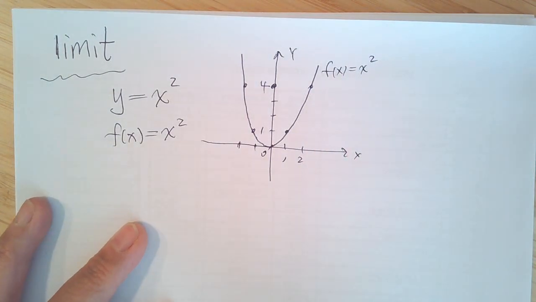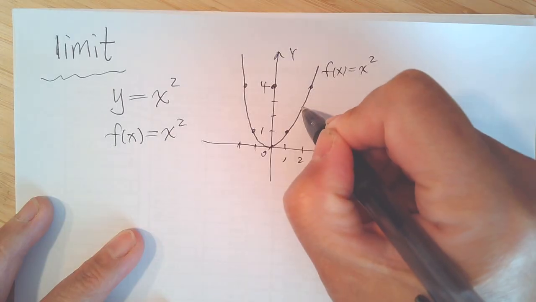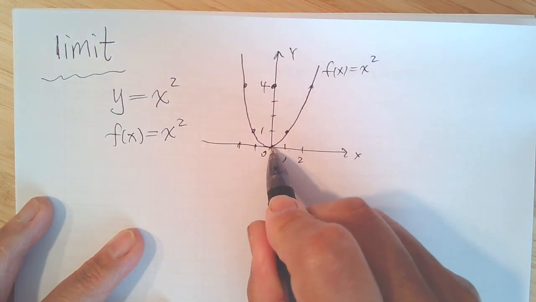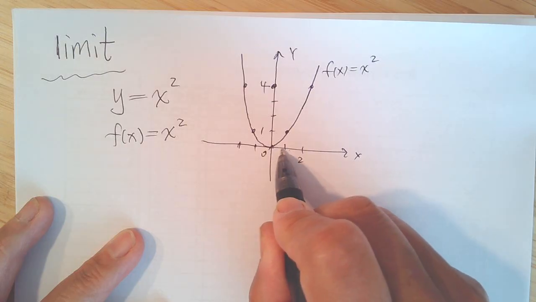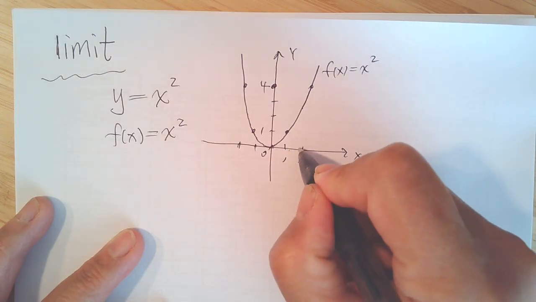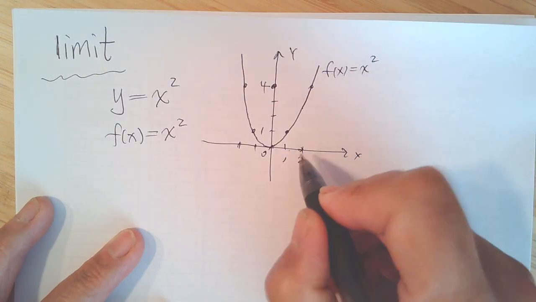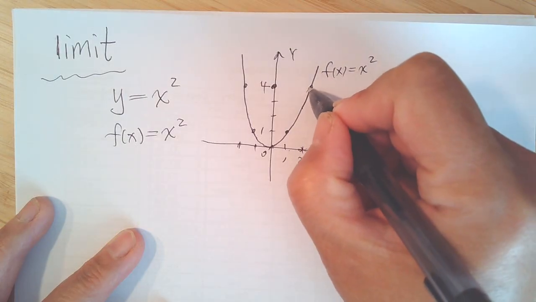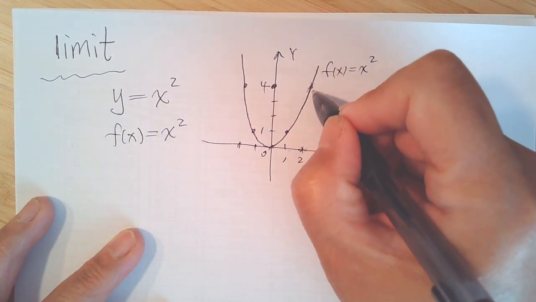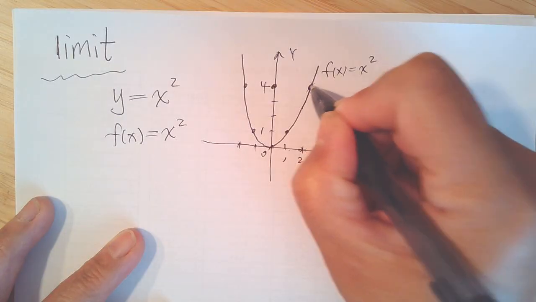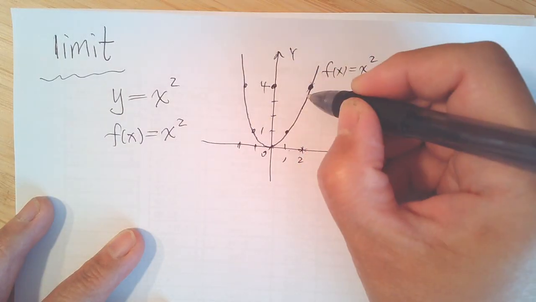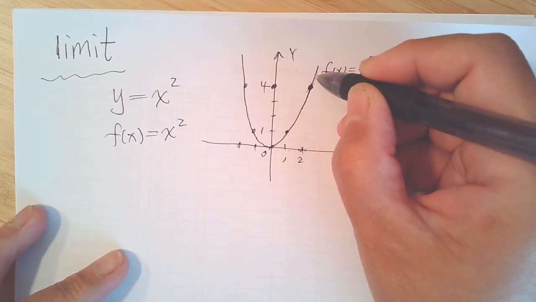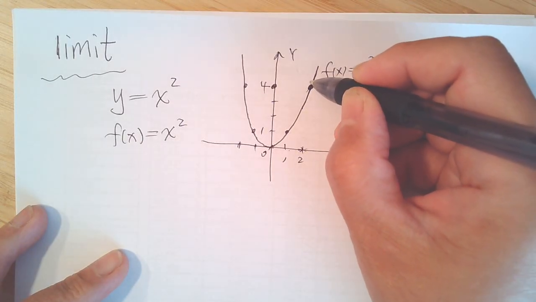Now, when x approaches 2, if you go from the left to 2, very, very close to 2, or from this side to 2, very, very close to 2, your graph gets really close to this point, and the function value gets really close to 4 from the lower side, and also approaches 4 from the upper side.